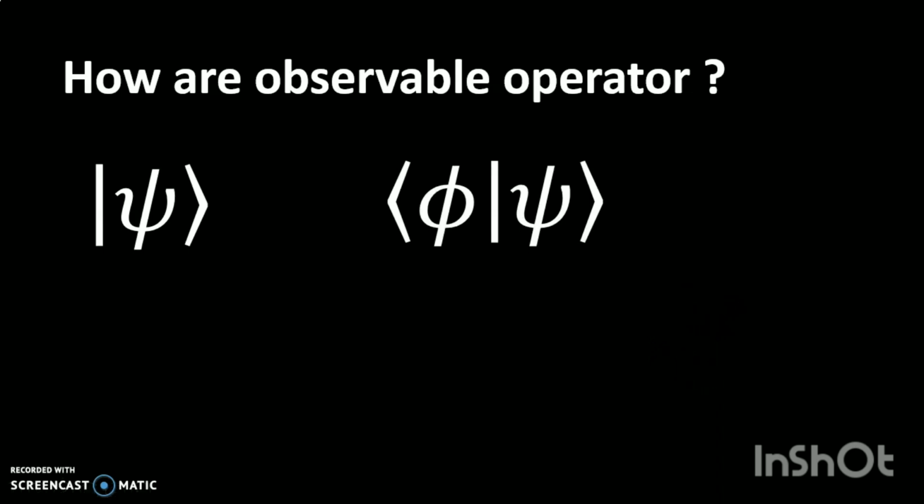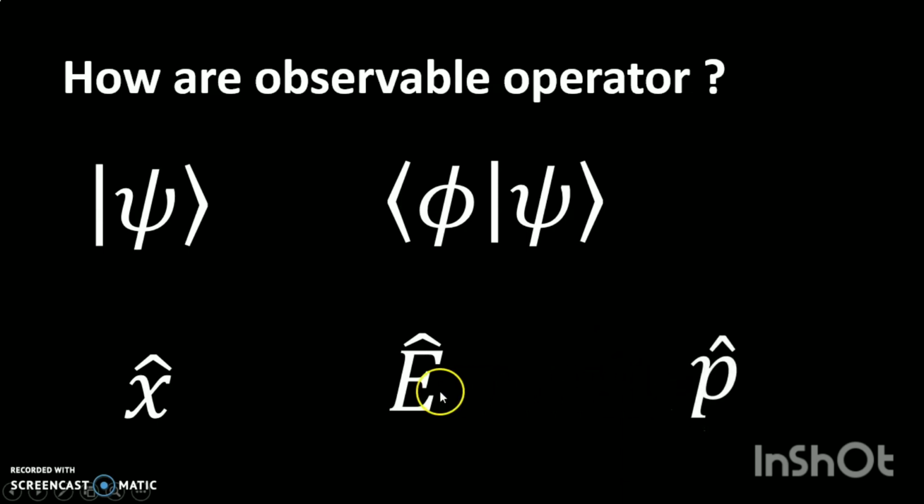In this video, I want to move on to the second half of our framework: how we represent physical quantities, position, energy and momentum. We posited that physical quantities are represented by linear operators in our Hilbert space.